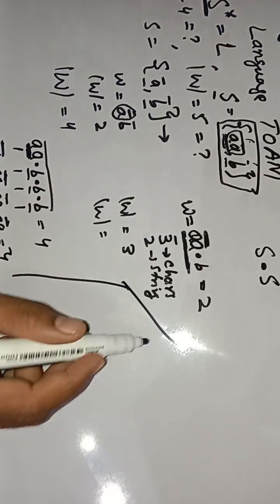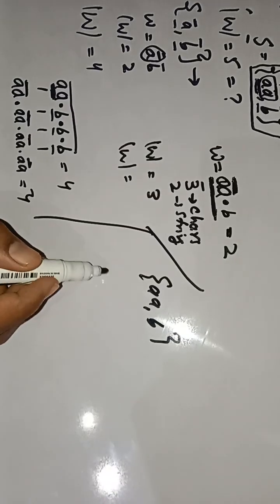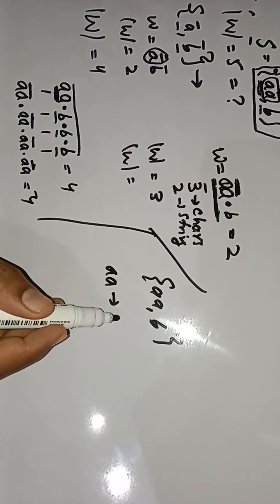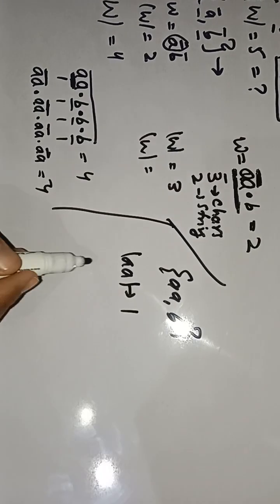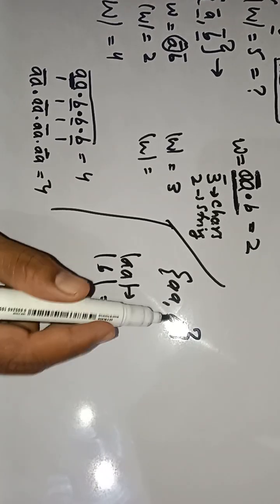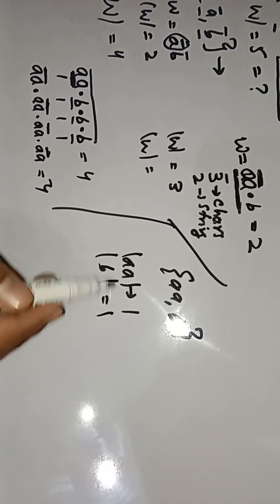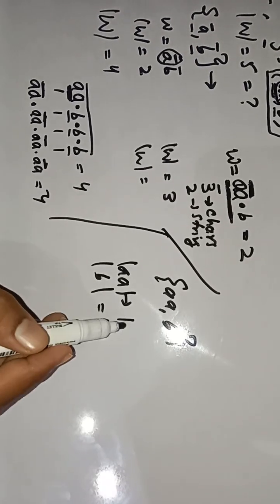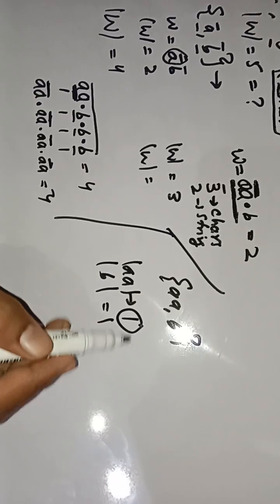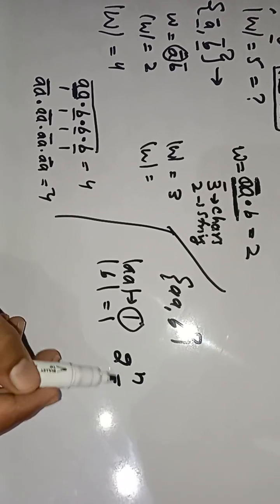For example, from {a, b}, the words of length 1 would be a, which is of length 1, and b, of length 1. If there are 2 symbols and the length is 1, the number of words formed would be 2 power n, the same general formula.